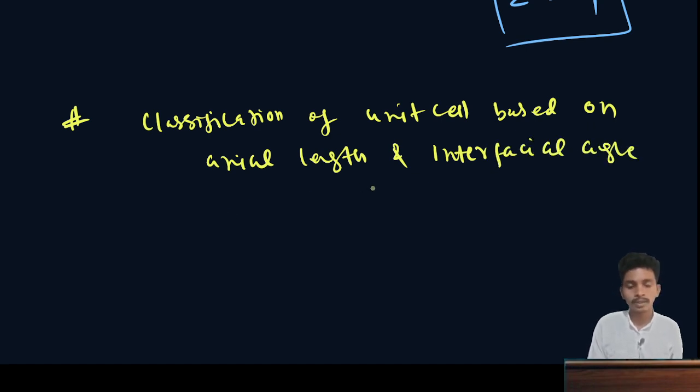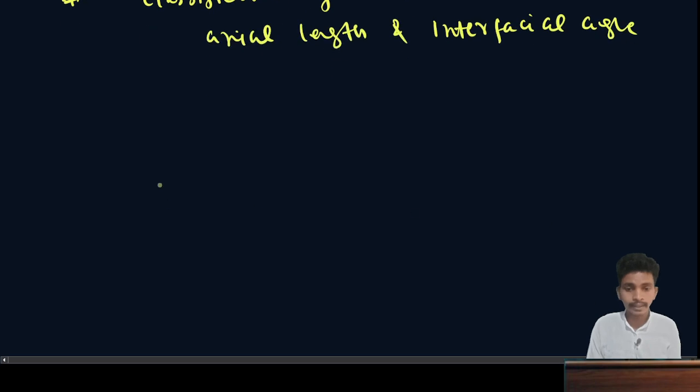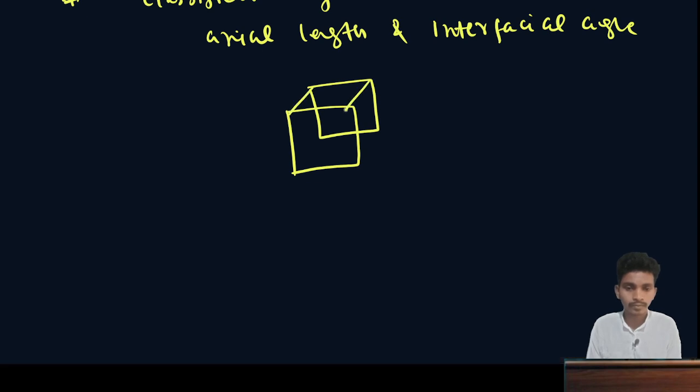So we have discussed the interfacial angles and axial length. Let's say this is any crystalline solid. Now let's say any sides, these are called the axial lengths.